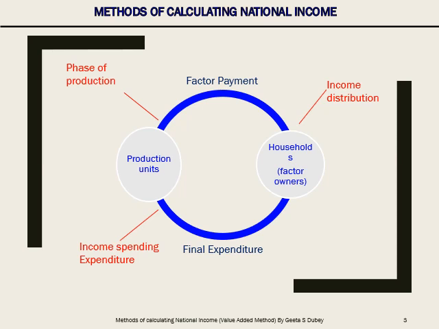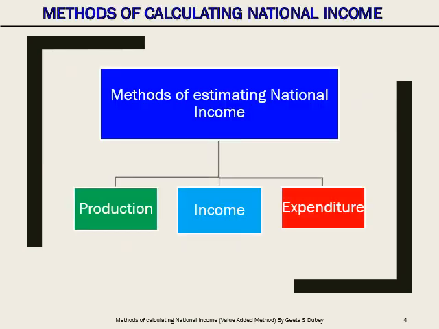Considering the three phases together, we find that in a two-sector economy, production, that is the value of goods and services, is equal to income generated, which is again equal to expenditure, which is also called the triple identity. As we can see on the screen, it brings us to the three methods of estimating national income: the production method or the value added method.